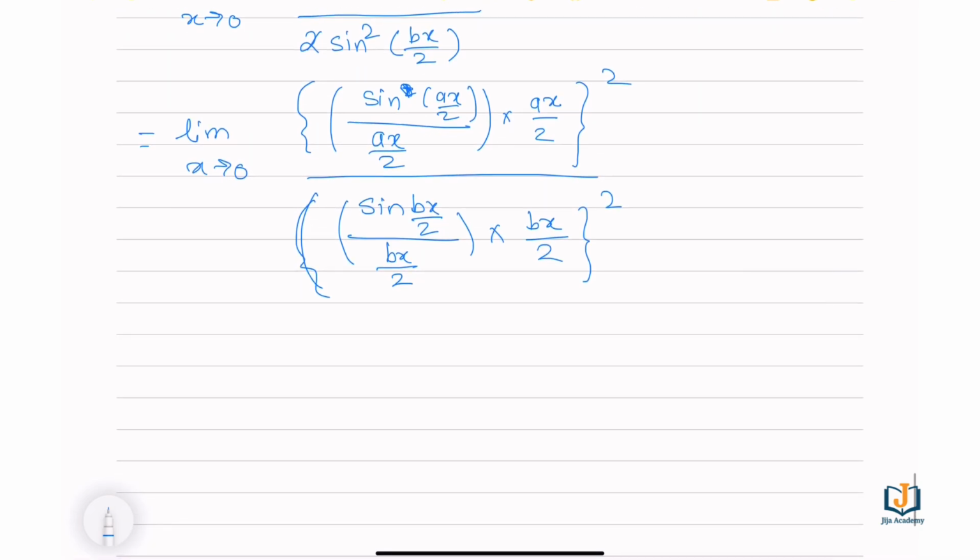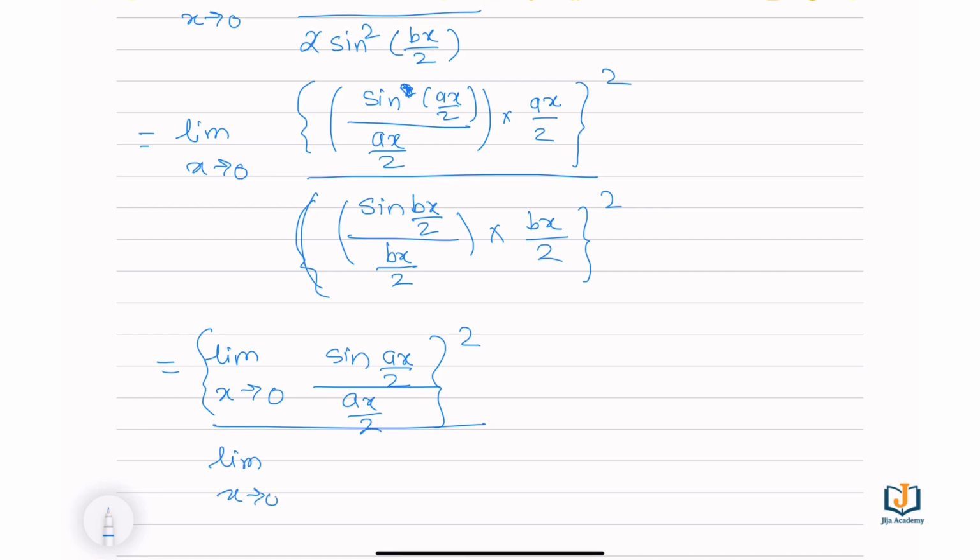Now we get here limit x tends to 0 sin ax upon 2 upon ax upon 2 whole square, divided by limit x tends to 0 sin bx upon 2 whole square.